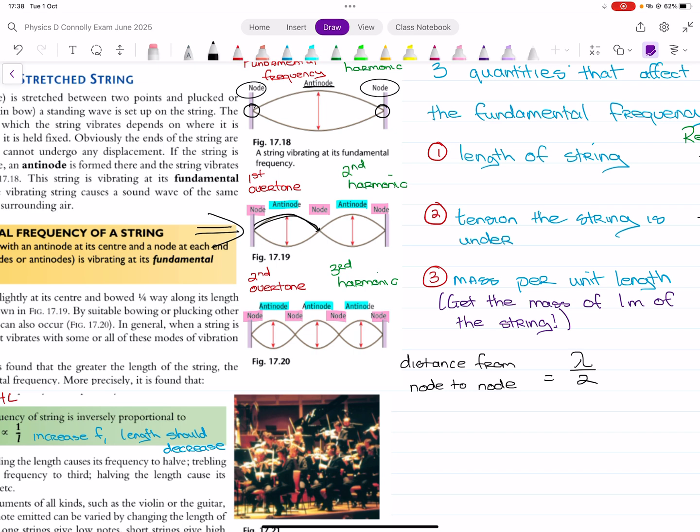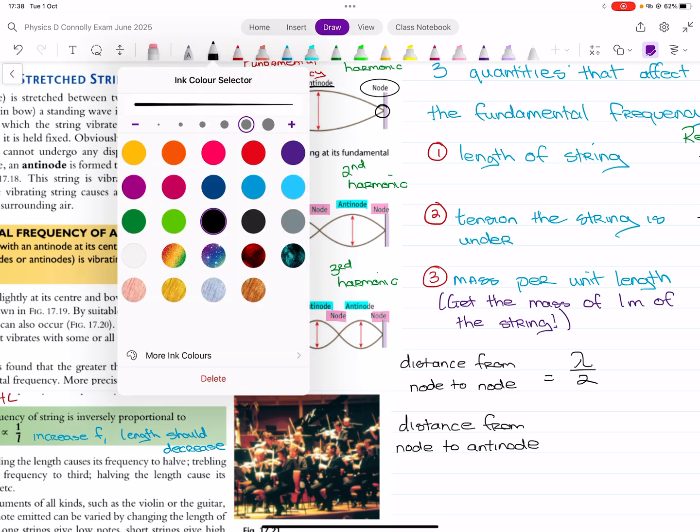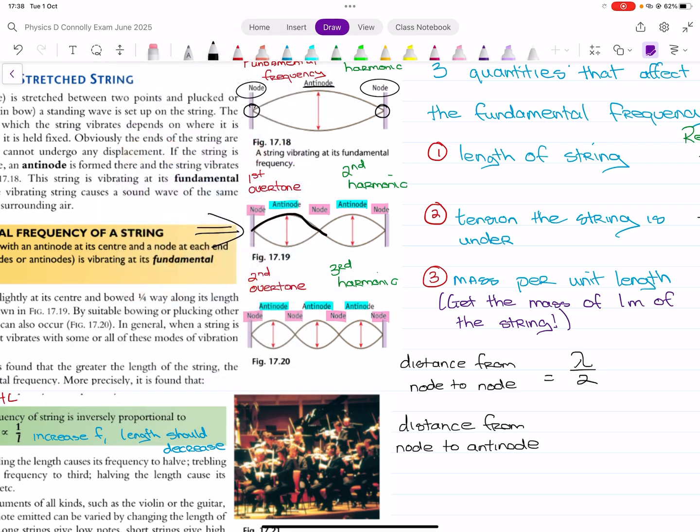Yeah? And then if we do the distance from node to antinode, so again, if we concentrate on the same picture, that's a wavelength. So then node to node, like we said, is half a wavelength.